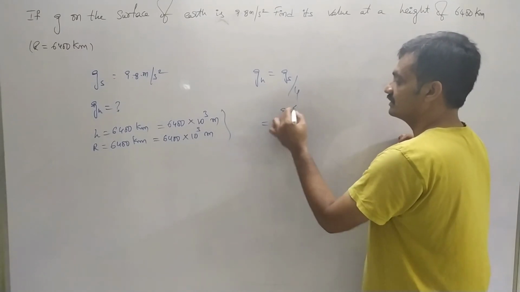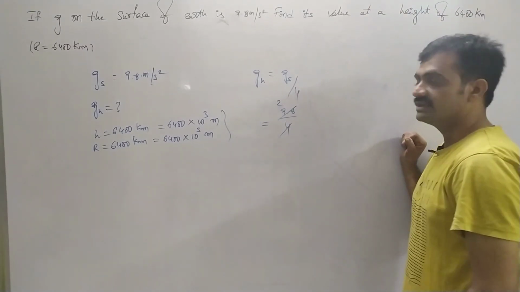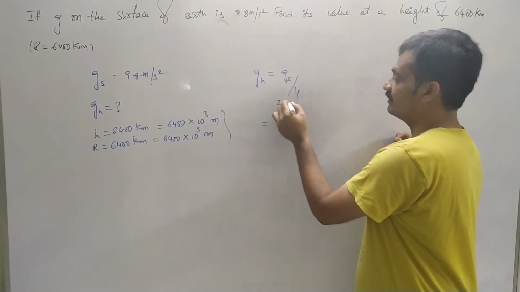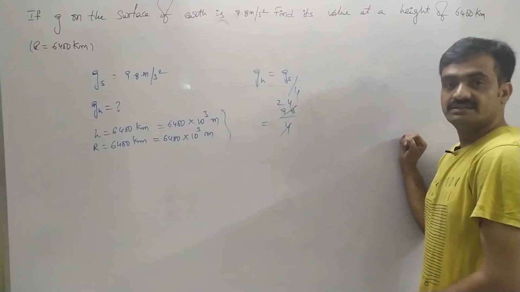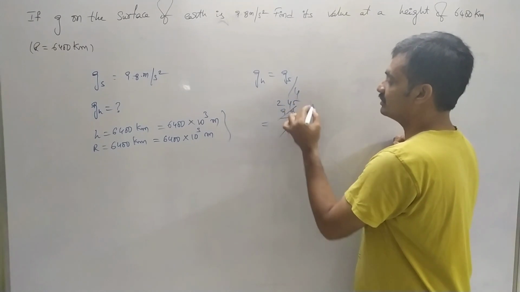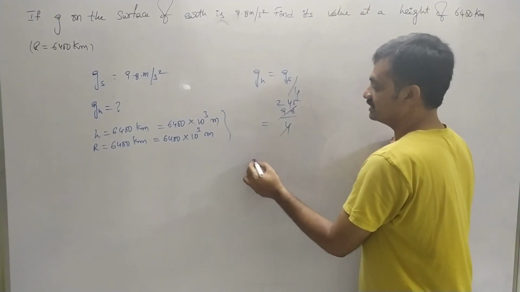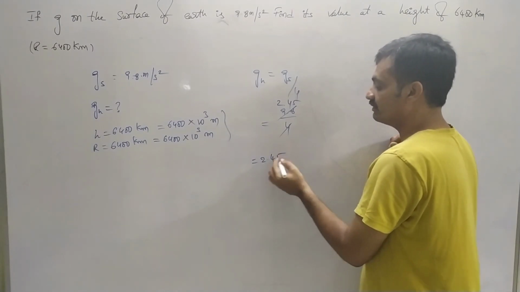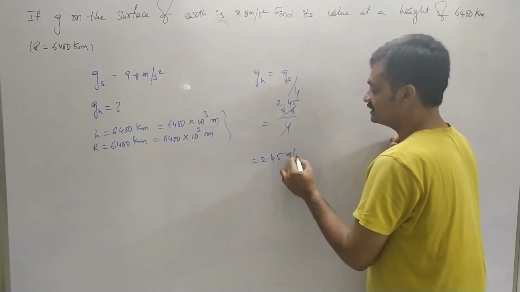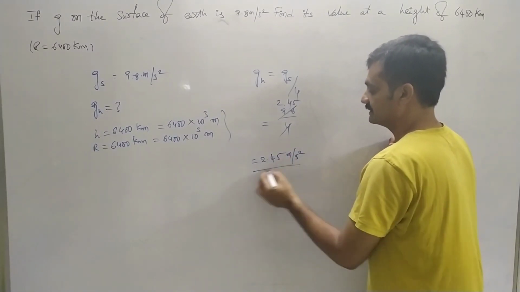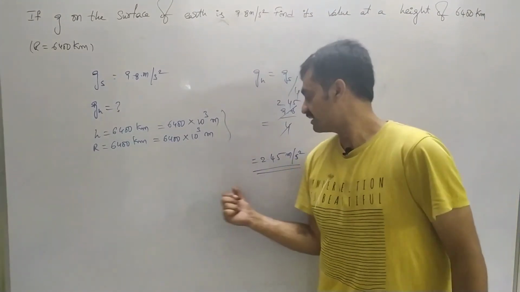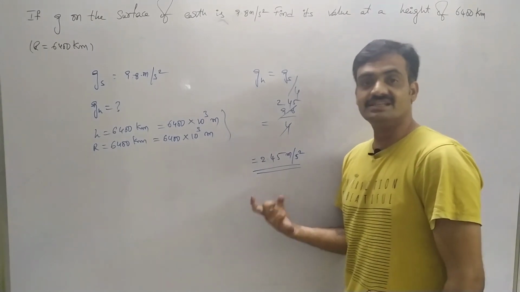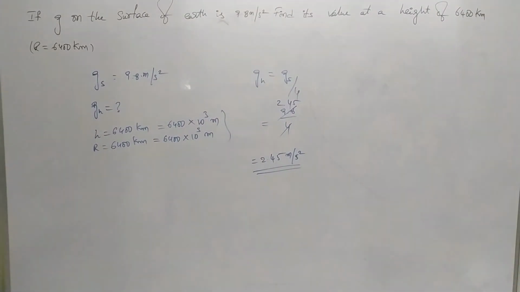So 4 into 8 is 32, remaining 18. Put point, 4 4s are 16, and again 5 4s are 20. Then gravitational at height h is 2.45 meter per second square. At this height, acceleration due to gravity is 2.45 meter per second square. Take a screenshot, we will continue.